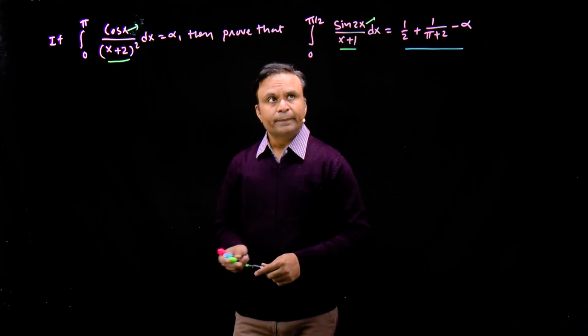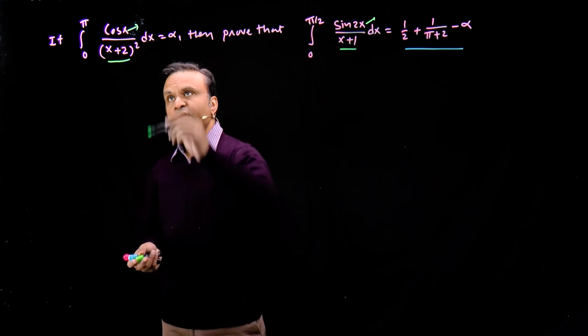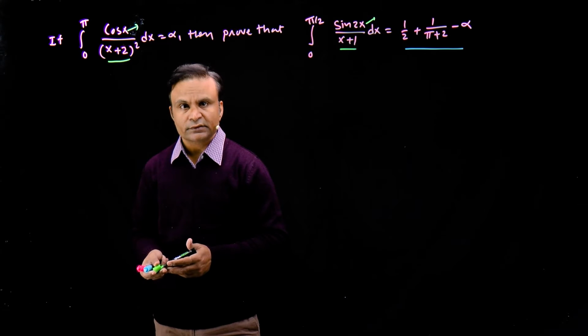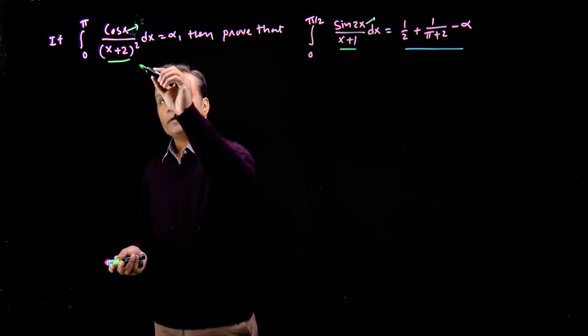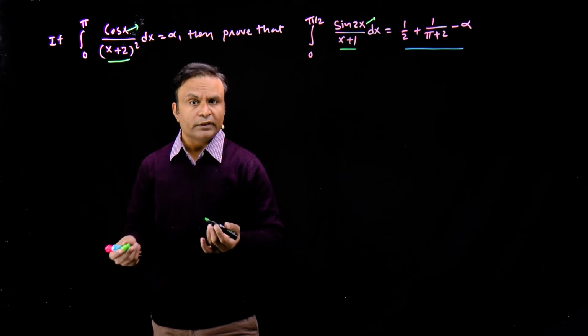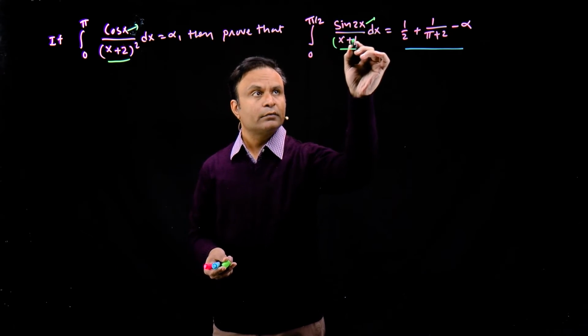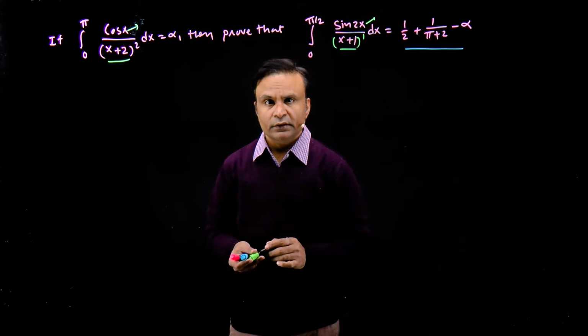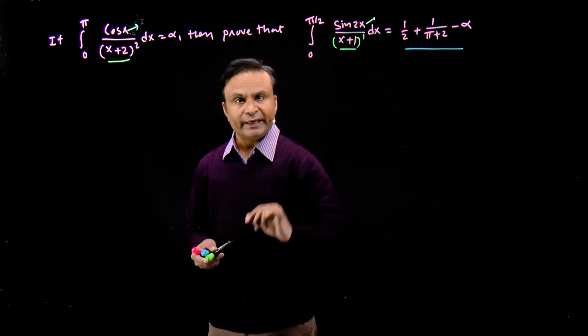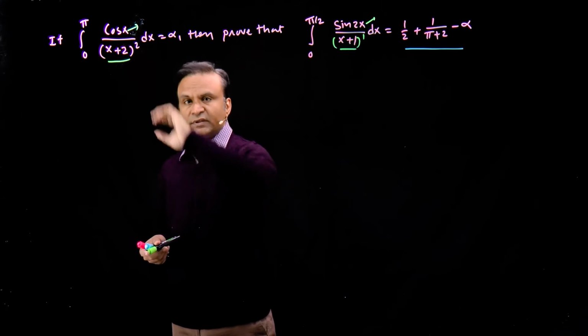Now tell me one thing, in integration, how do you get the sine function in place of cos x? Also here we have in the denominator the square of linear, here we have only power 1 of linear. So what do you do here to get a function of this type?